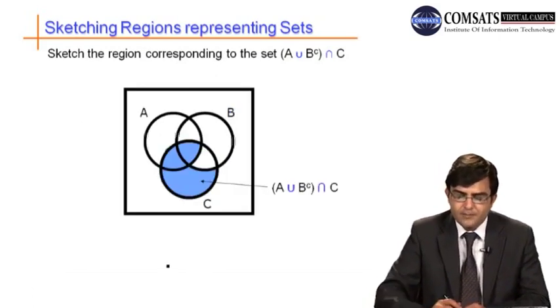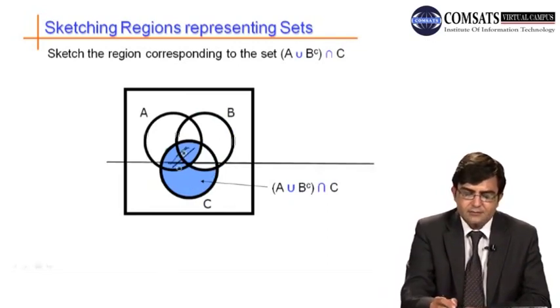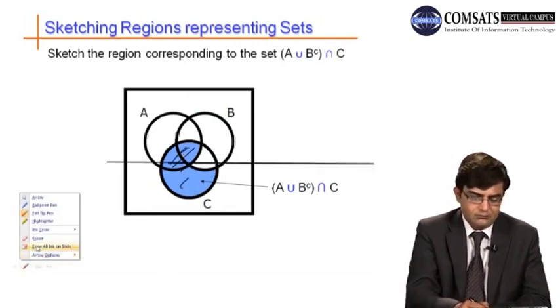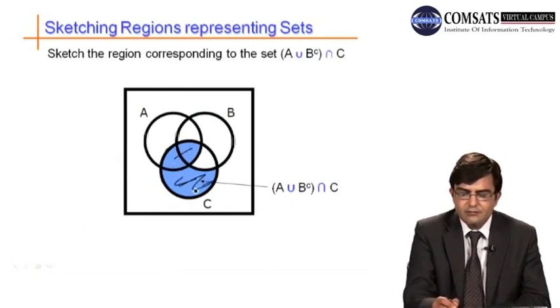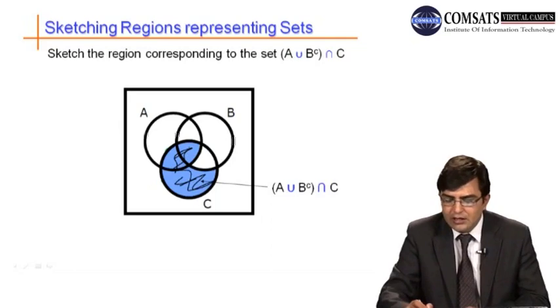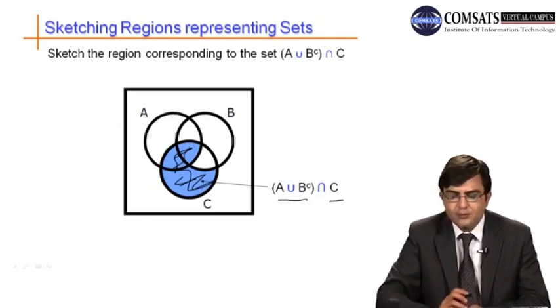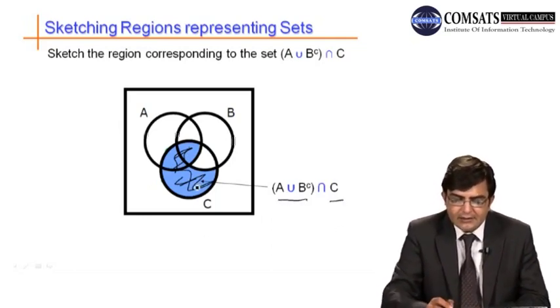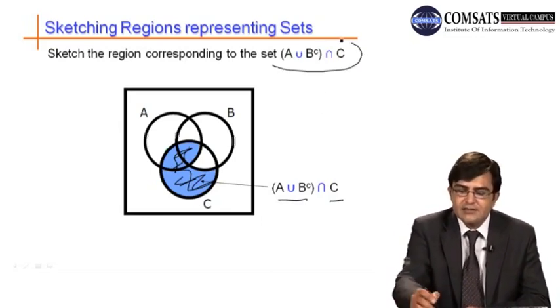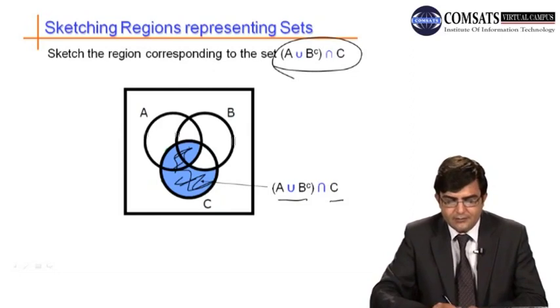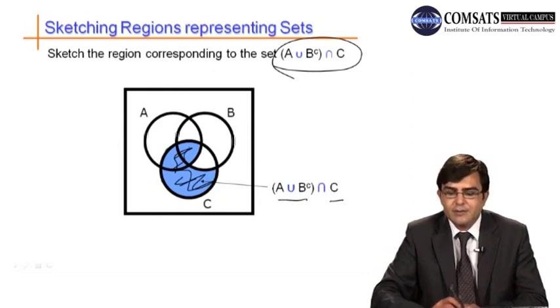So we obtain this region as the intersection of A union B complement and C. So this is basically the region which is required, which represents this set or this expression. So this is how we can sketch or mark the regions which represents the given sets.